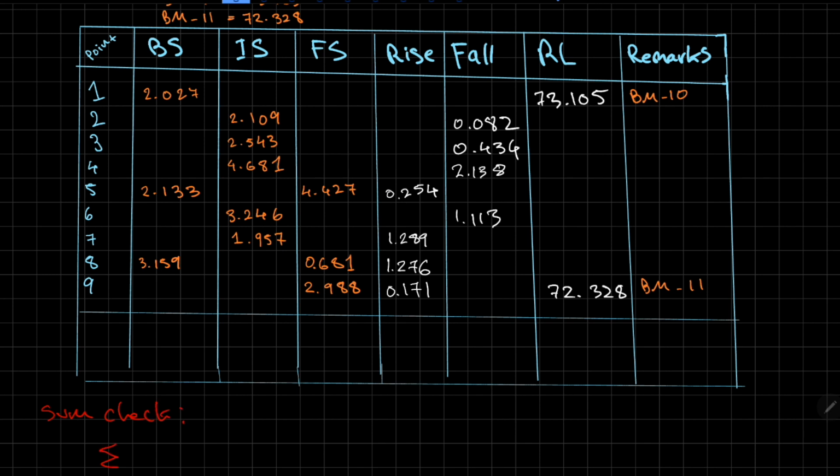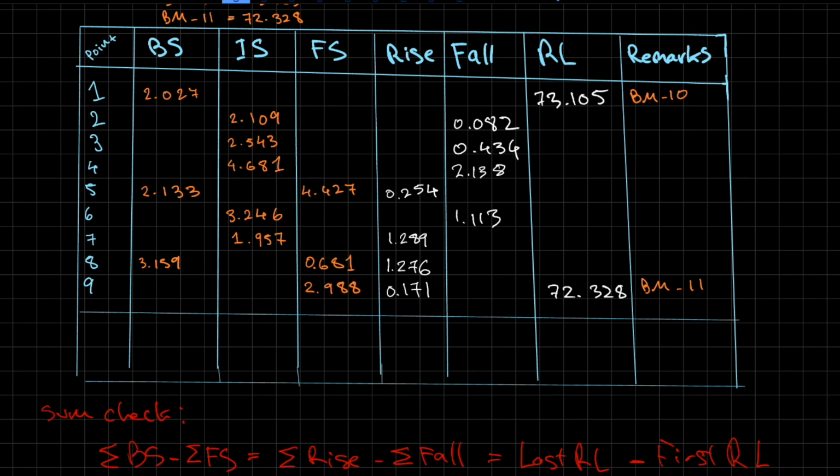The sum check is equal to the backside minus foresight. The sum of backside minus the sum of foresight must equal the sum of rise values minus the sum of fall values. This must also equal the last reduced level minus the first reduced level.